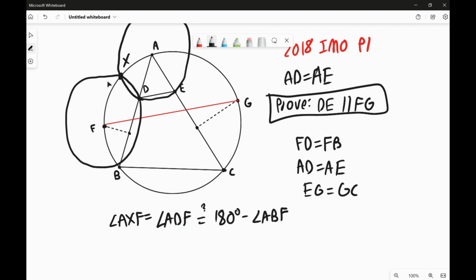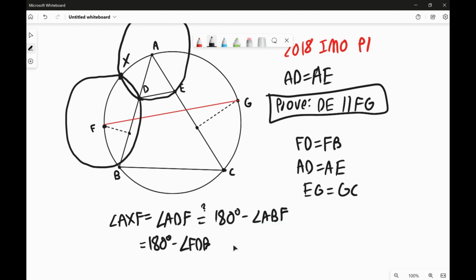So we want to somehow get ADF equal to 180 degrees minus something. And we already have that ADF is equal to 180 degrees minus angle FDB. So we want to somehow prove that angle FDB is equal to angle FBA.